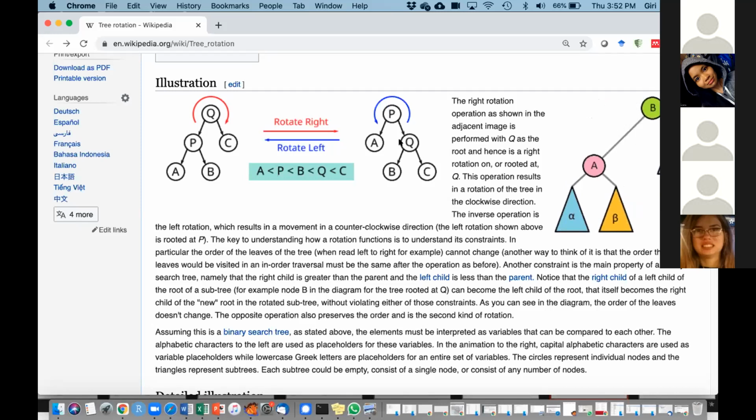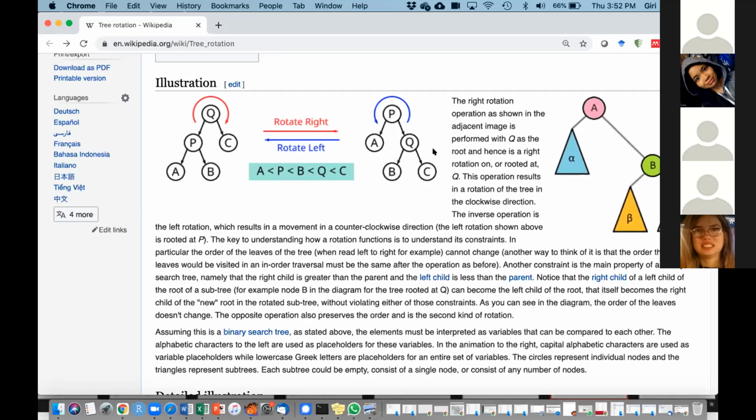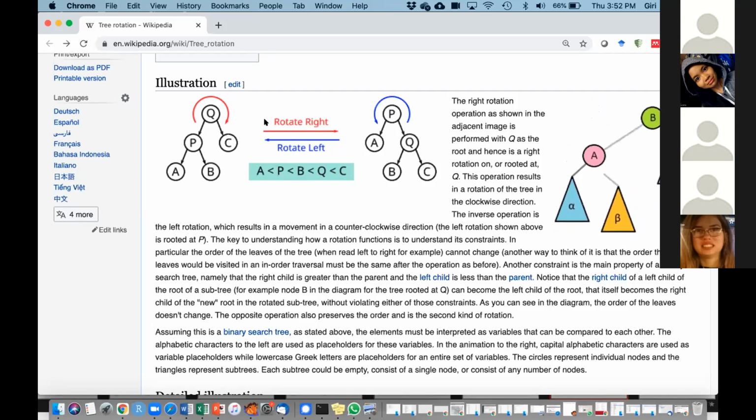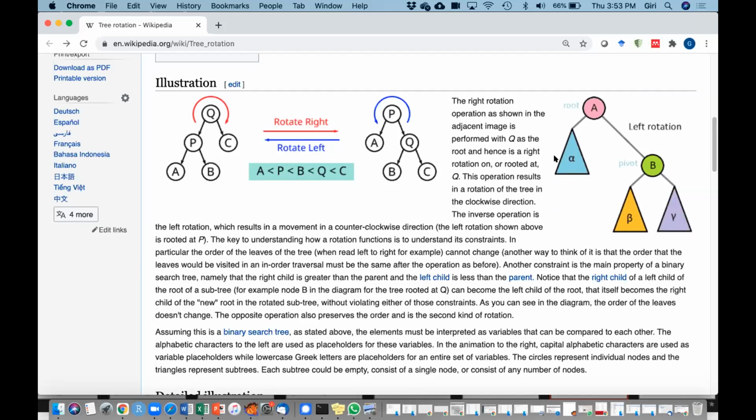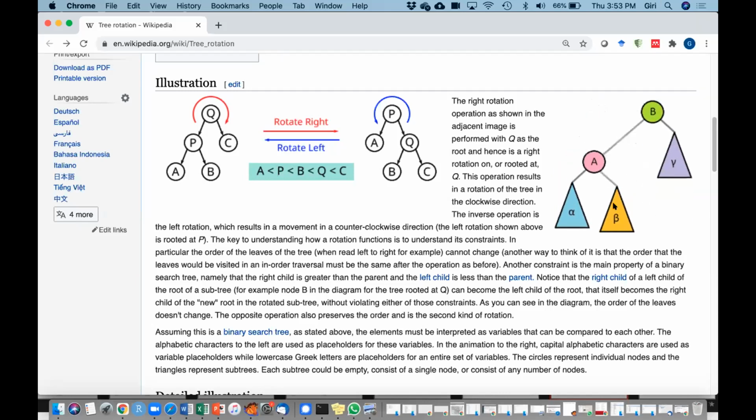But as you do this, you have to fix the subtrees. So Q used to have C as its right subtree, that's still true. P used to have A as the left subtree, and that is still true. But now B, which used to be the right child of P, now gets attached to Q. And you see that in the picture over here on the right side.